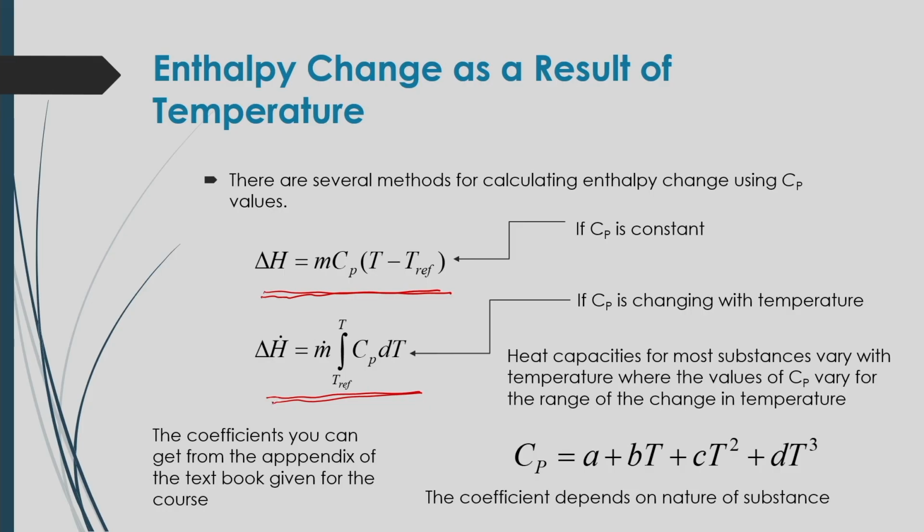So by this equation you can easily calculate the enthalpy change if Cp changes with temperature. Now, you know that the heat capacity of most substances varies with temperature, so the values of Cp vary over the range of temperature change. This functionality of Cp can be expressed by a polynomial equation in T.